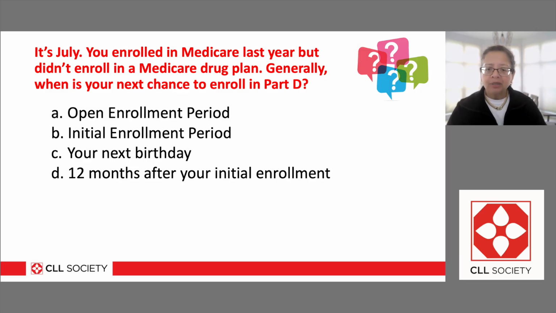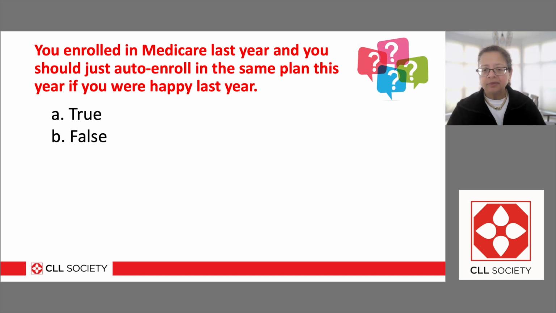During open enrollment, initial enrollment, your next birthday, or 12 months after your initial enrollment. And the second question: you enrolled in Medicare last year, and you should just auto-enroll in the same plan this year if you were happy with it last year.